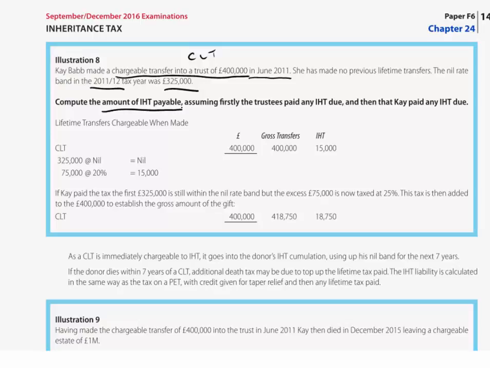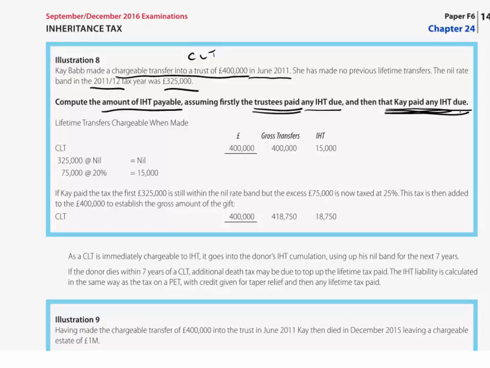Compute the amount of IHT payable, assuming firstly the trustees paid any IHT due, then that K paid any IHT due. Now remember, if the trustees pay, the donees, the trustees pay, what type of transfer is it? It is a gross transfer. If the donor, here K, pays, it is a net transfer.